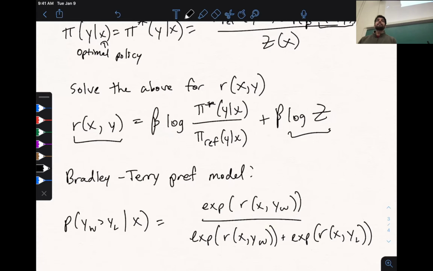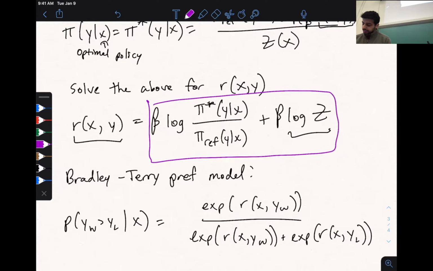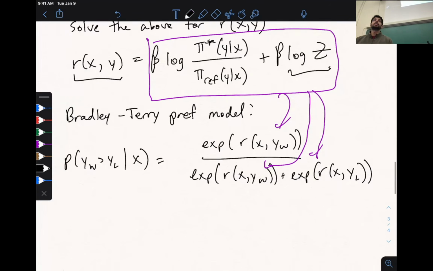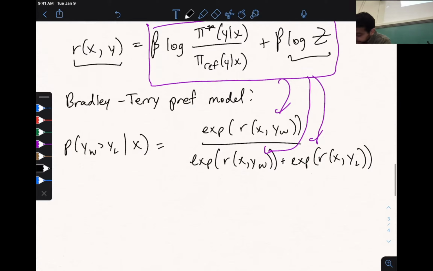And now we have an expression for our reward, right? It's this. So can we just substitute this in for all of the different reward terms that are in this function? And if I do that and I solve for all of these terms, then in fact it turns out that this normalizer does cancel out and I don't need to worry about it moving forward.